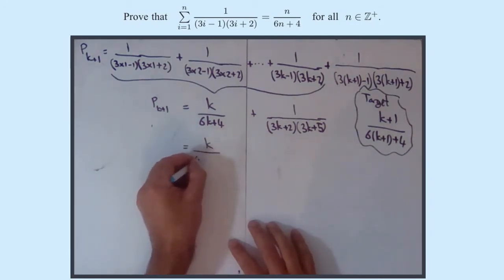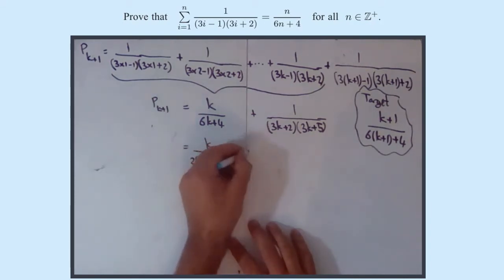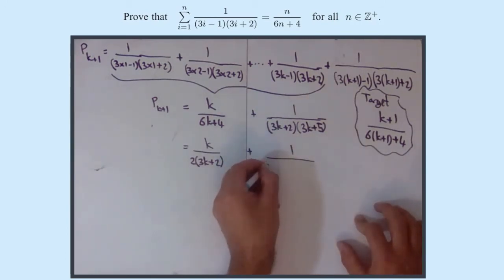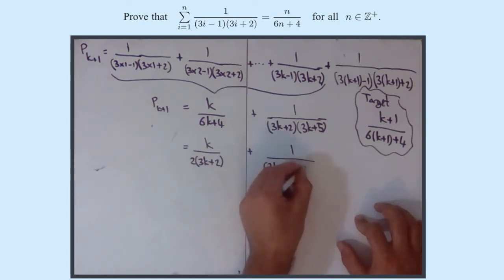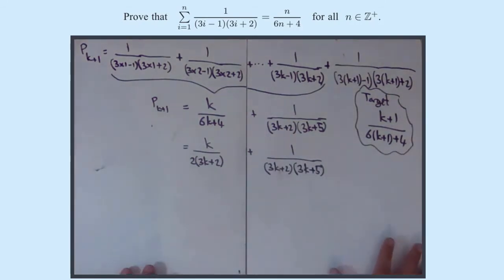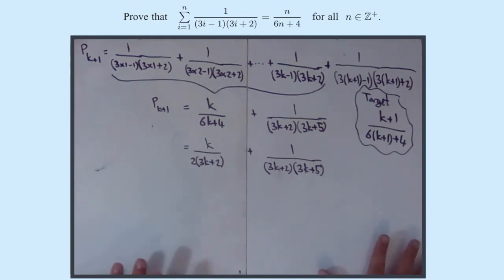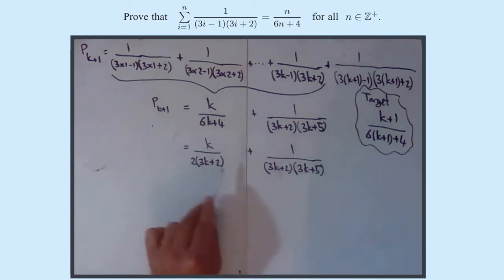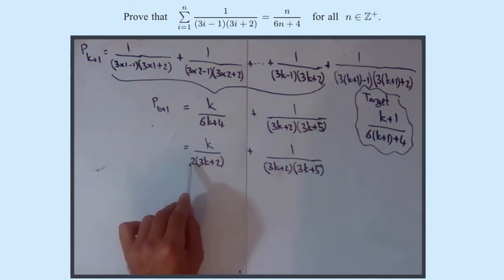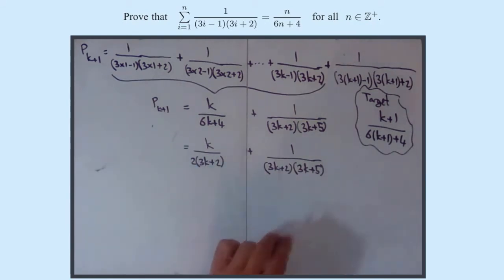2 times (3k plus 2), plus 1 over (3k plus 5), right? So now if we want to add these two things with the lowest common denominator, we've got a 3k plus 2, and then we also need a 2 and a 3k plus 5.